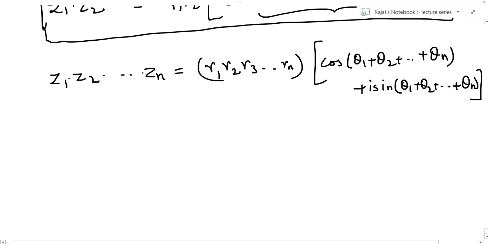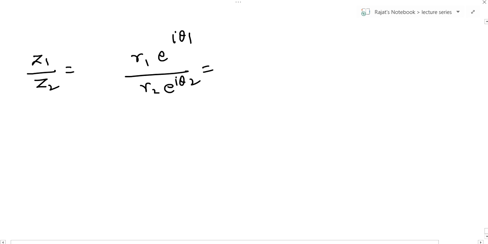Okay, this is the first thing. We can extend it further to division also. Okay, so suppose I want to write z1 upon z2. So this will be r1 e to the power i theta 1 upon r2 e to the power i theta 2. So r1 upon r2. When the base is same and you're dividing, the powers are subtracted. i theta 1 minus i theta 2.